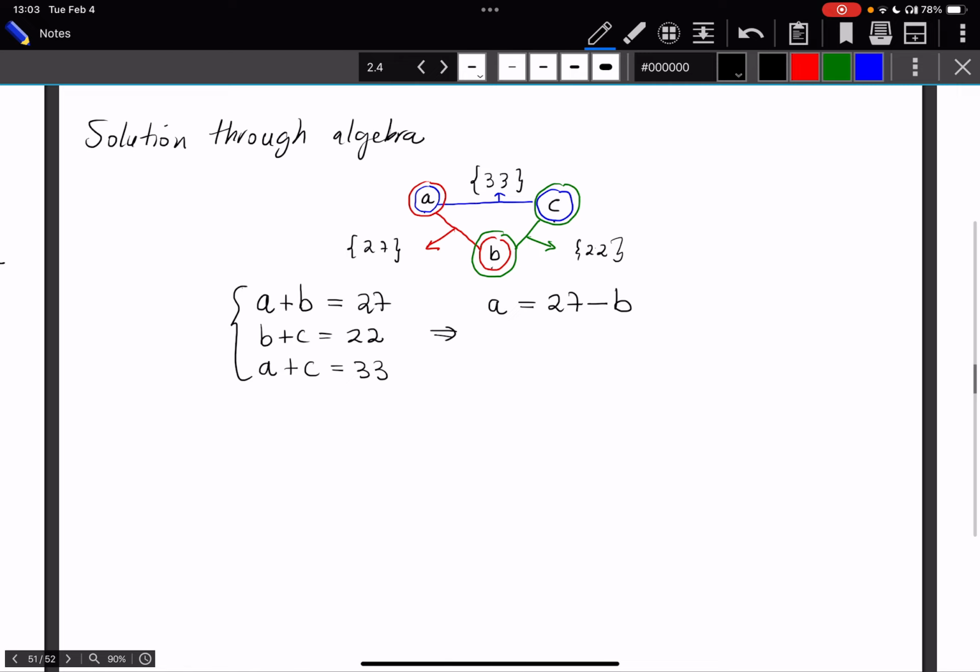We also used that once B is fixed, C can be found because B plus C should be 22.